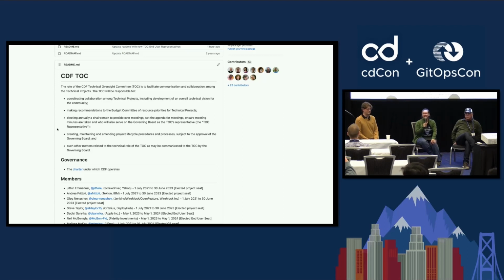That includes all of the specifications you need to get set up before you're accepted to the foundation. All of that's in the GitHub repo, by the way. There's a CD Foundation repo, there's a TOC section underneath it, and all of that documentation is in there.